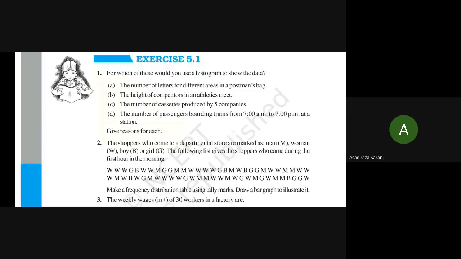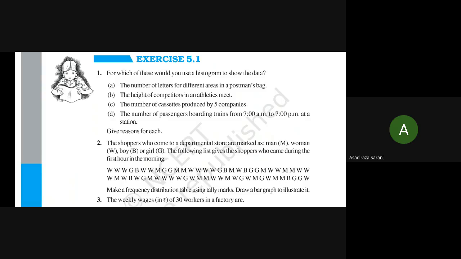Then in the second question, the height of competitors in an athlete meet. You can use a histogram in this. Why? Because the height of the athletes varies from one person to another, and we make some groups for this.